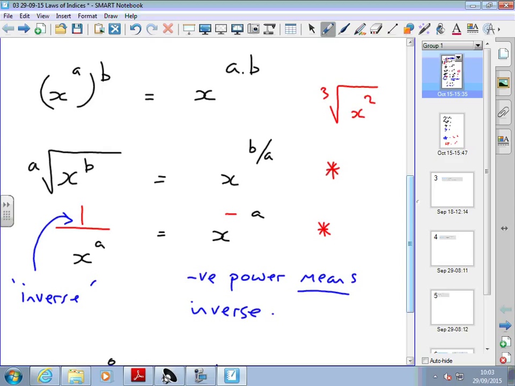So a is 3 and b is 2 in this example. The cube root means: what's the number which, if I multiply it by itself 3 times, gives this number inside here. That's what the cube root means.